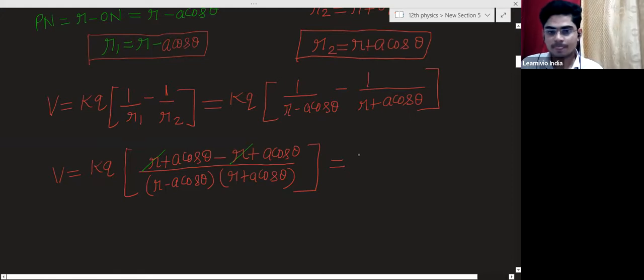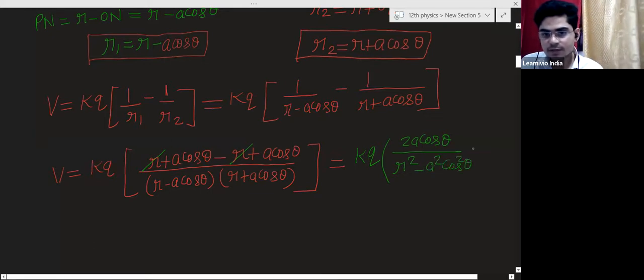So we can write K cube, and here A cos theta plus A cos theta will be 2A cos theta, and in the denominator R square minus A square cos square theta. This is our final result.